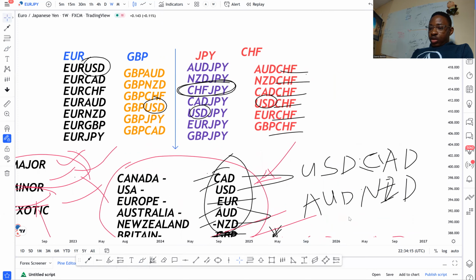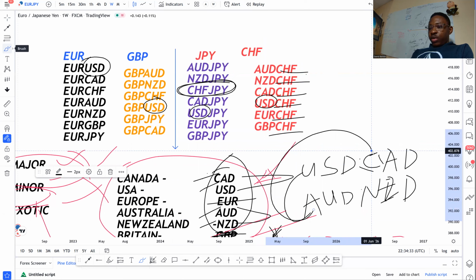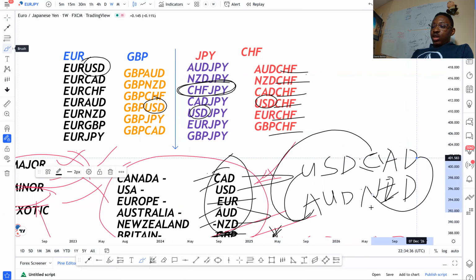But when you pair the Australian dollar and the New Zealand dollar with the Canadian dollar and the US dollar, the Australian dollar and New Zealand dollar would always come first, which means you have something like Australian dollar, US dollar, and then Australian dollar, Canadian dollar. And then with the New Zealand dollar, it is New Zealand dollar, Canadian dollar, and then New Zealand dollar, US dollar. Does it make sense?